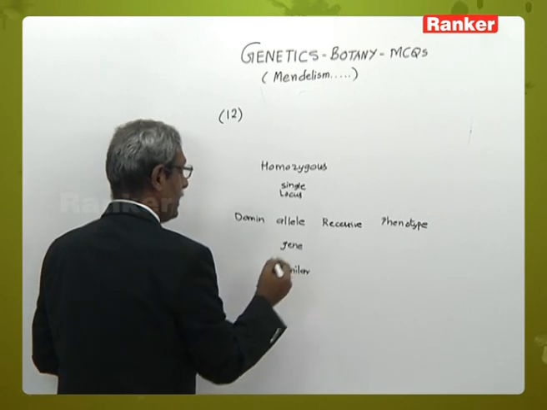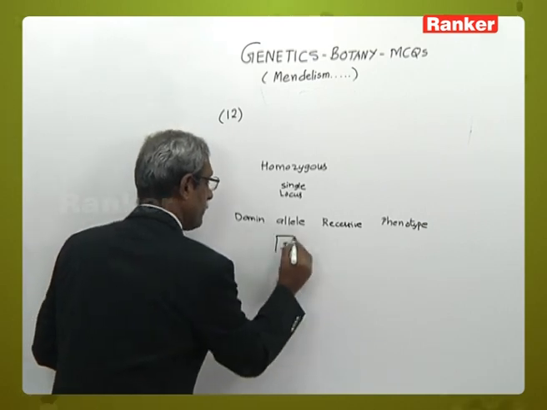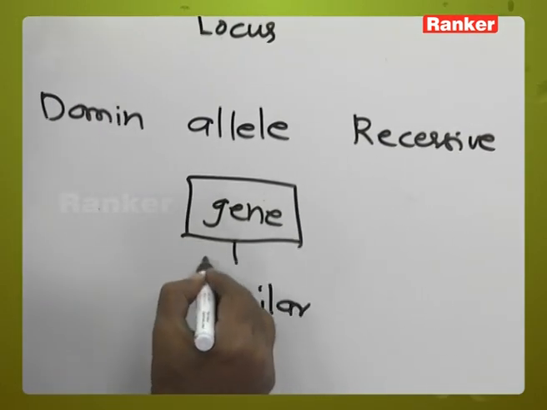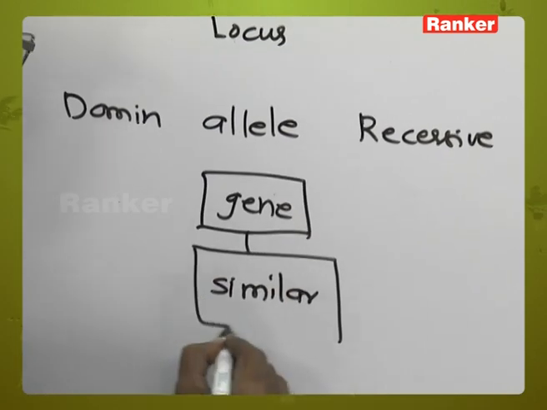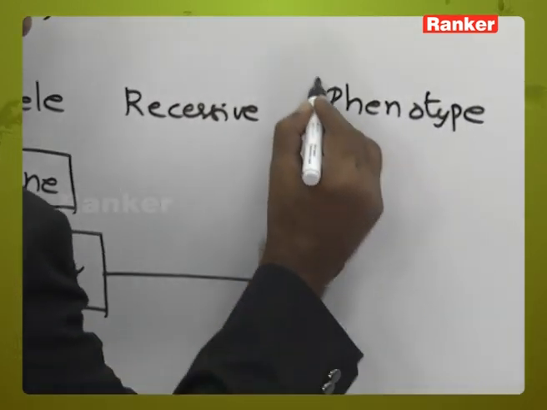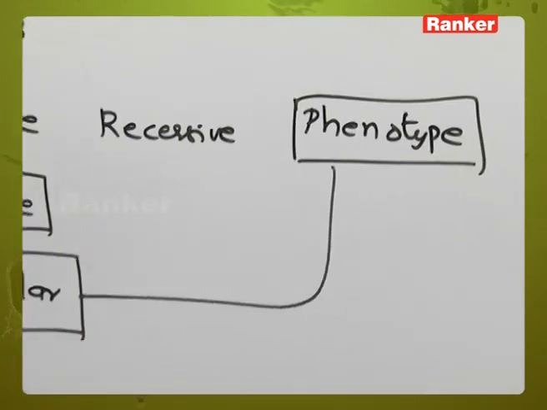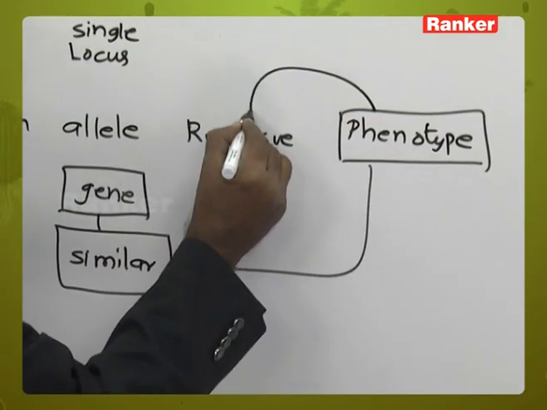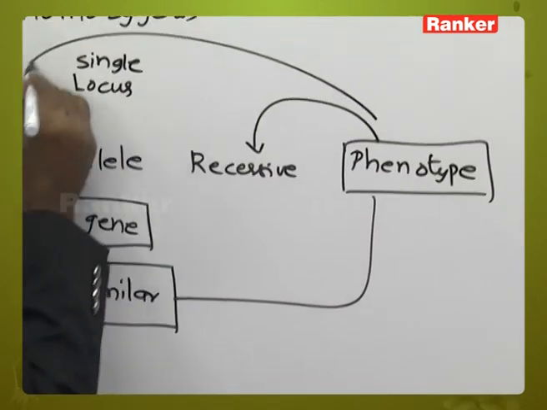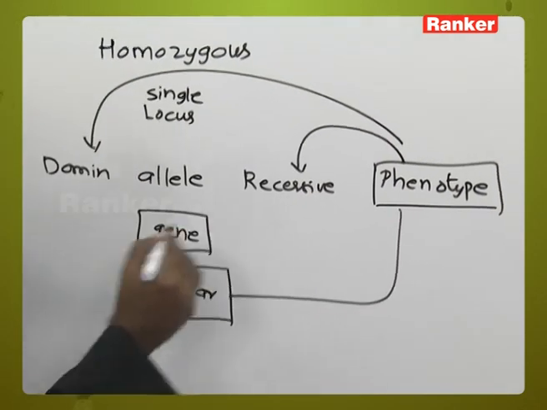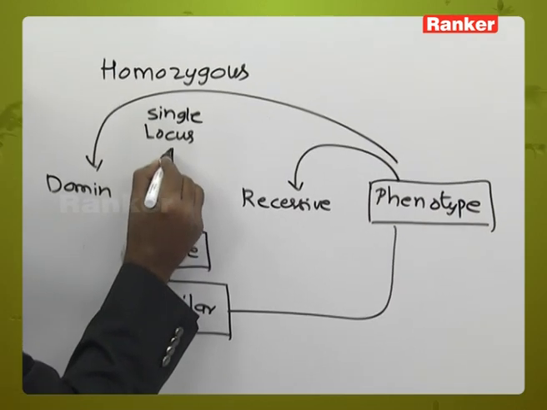So, when we are dealing with a gene which has similar phenotypic characters, they could be either recessive or dominant. However, they are present on a single locus.